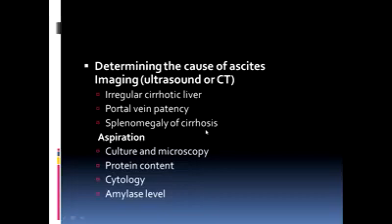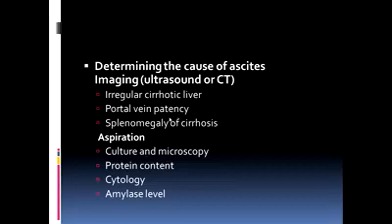Splenomegaly is also associated, and we can appreciate it with the help of ultrasound and CT scan. Diagnostic tap or aspiration is done in order to know about the culture and microscopy, if there are infections and super infections present in the ascites.